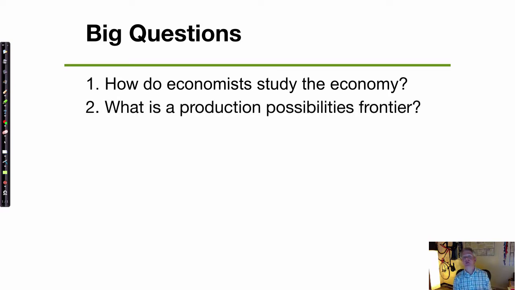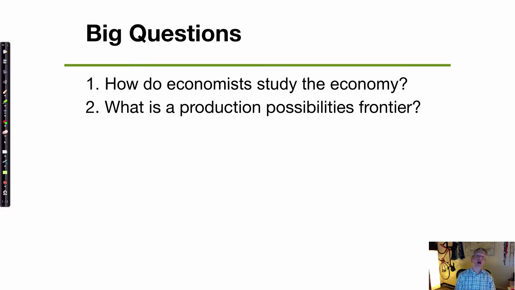In this chapter, we're going to have something called the production possibilities frontier. And these are just simplified versions of the real world that we think are useful ways to think about the real world. All right. In other types of economics, economists will use statistical models and real world data to try to better understand the real world. So those are some of the different kinds of models that economists might use.